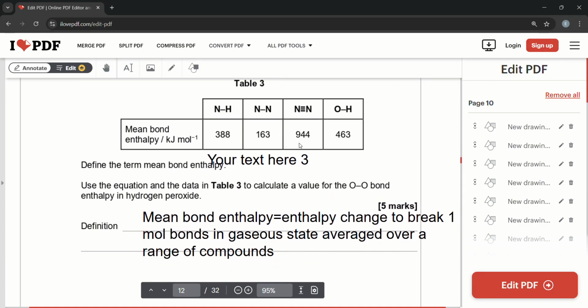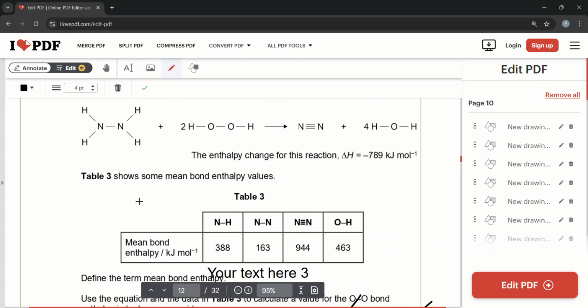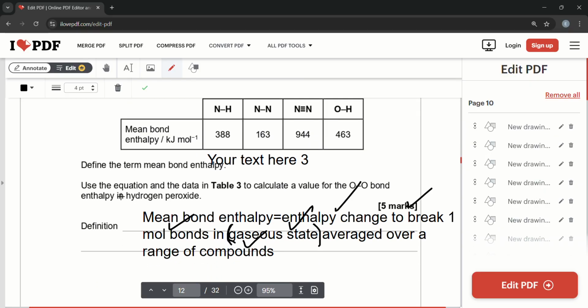Mean bond enthalpy is the enthalpy change to break 1 mole of bonds in the gaseous state. Not necessary, but you could say it: in the gaseous state, averaged over a range of compounds. And that is, I think, for 2 marks. Yes, for 2 marks. And the final other part is for 3 marks.